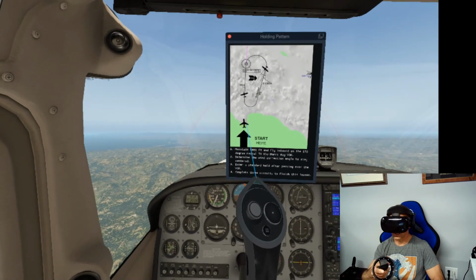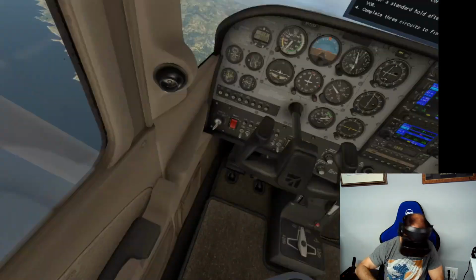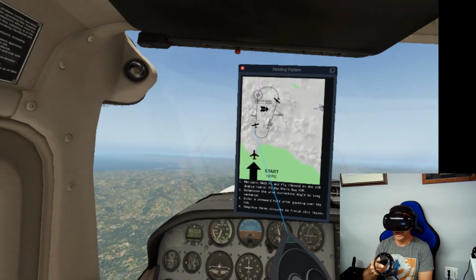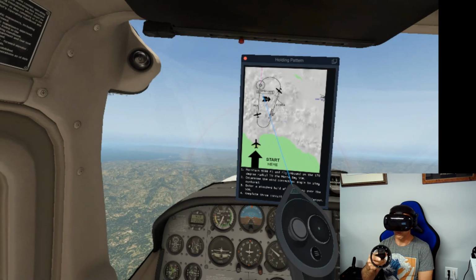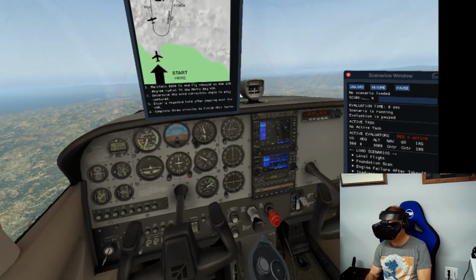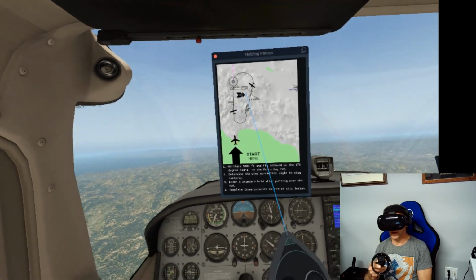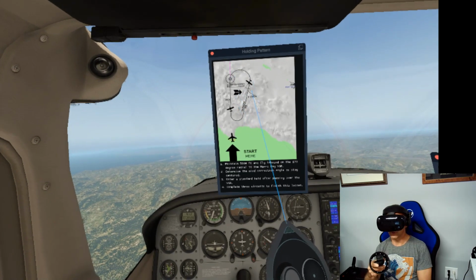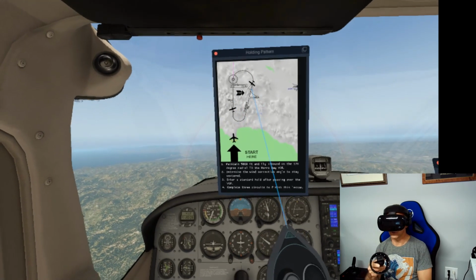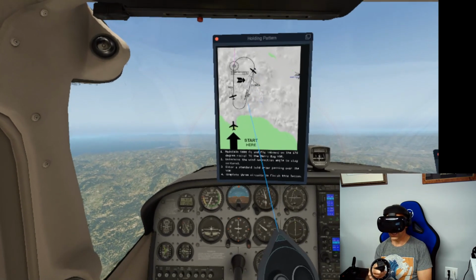We're starting at this point, just at the edge of the coast, and we're going to be determining our wind correction angle as we proceed along this CDI course of 350. Once we pass over, we will make our outbound turn, and whatever we determine for the wind correction angle, we'll take 3 times that for our outbound leg.